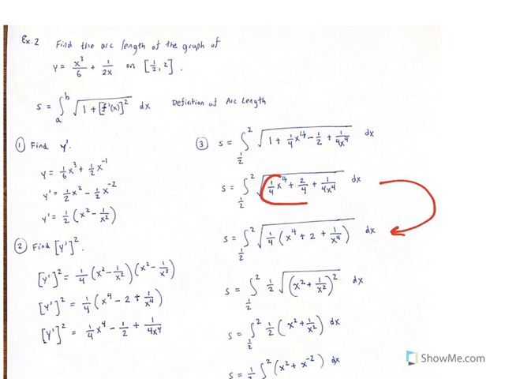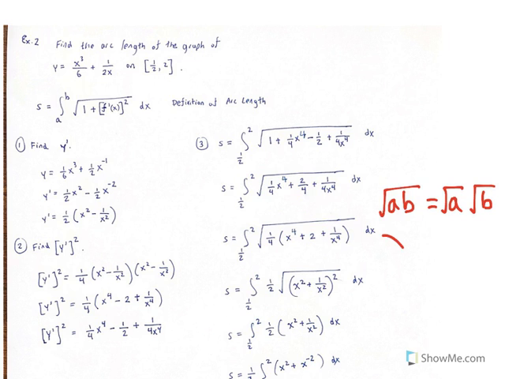In the radicand, I have these three terms, and they have a common factor of 1/4. So I factor out 1/4 from each term. When I factor out 1/4 from the first term, I'm left with x to the 4th. From the second term, I'm left with 2, and from the third term, I'm left with 1 over x to the 4th.